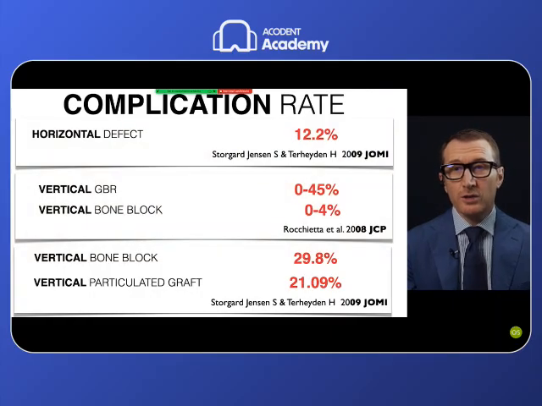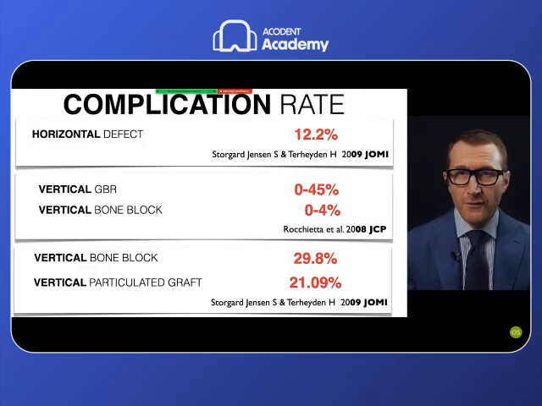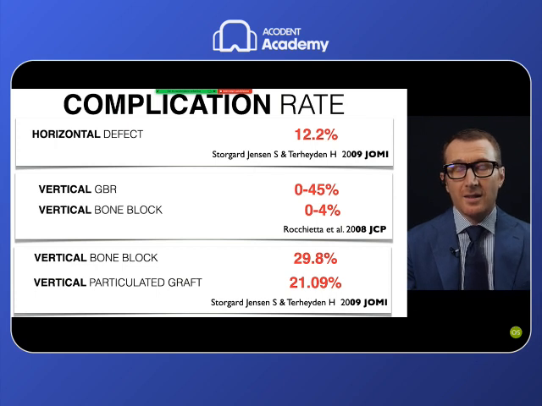But when you look at the literature, and even the latest literature from 2019 does not differ from these numbers, the complication rate is very high.